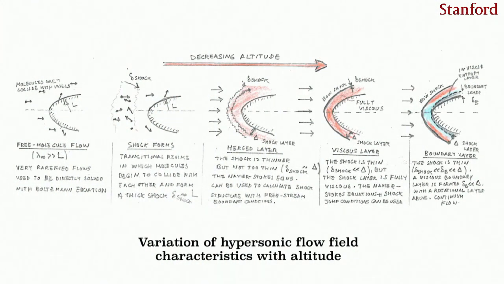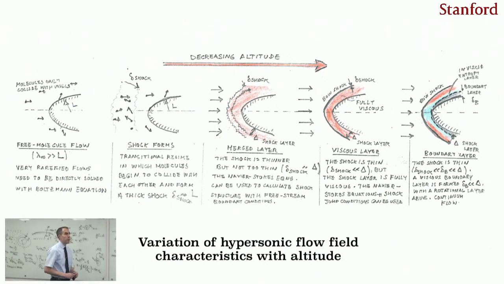Let me just show you one last slide here, and it is that as one decreases the altitude of the object, as the object is penetrating the atmosphere, the flow field is changing fundamentally. Here on the screen you have on the left a first stage in which the mean free path is much larger than the characteristic length of the object.